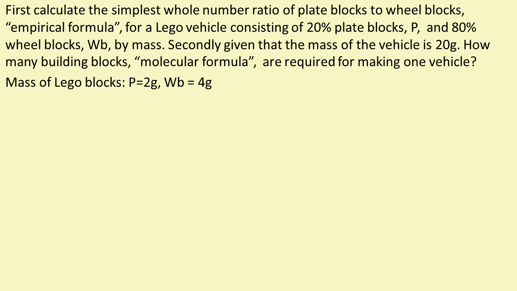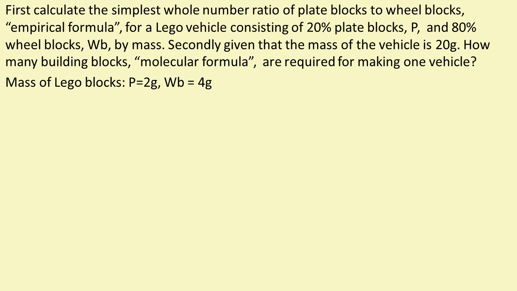You may have seen the first part of this question covered in the tutorial on explaining empirical formulae calculations using Lego. You could pause the tutorial and check if you remember how to solve it. As it has been covered before, I shall go through the calculation part more quickly.